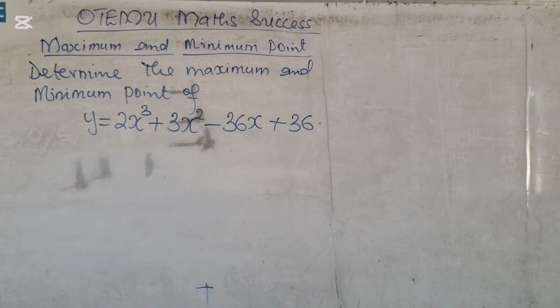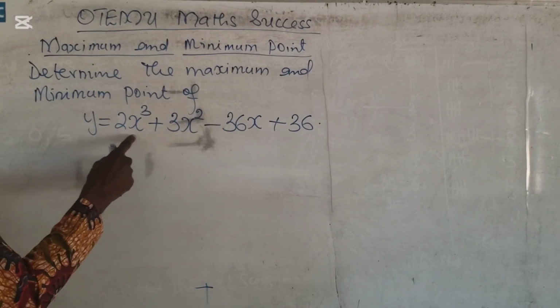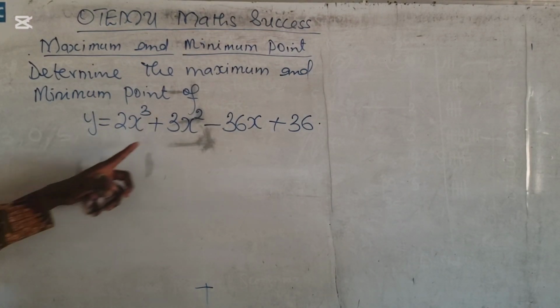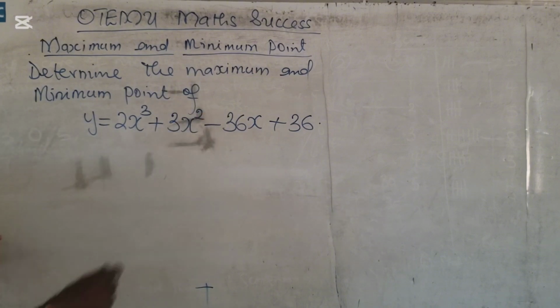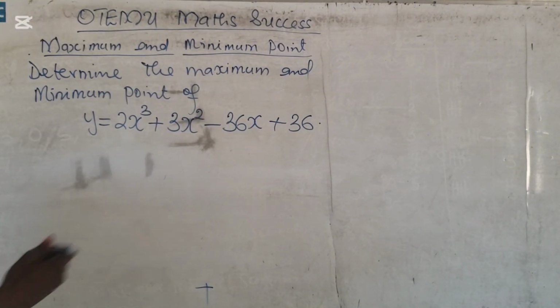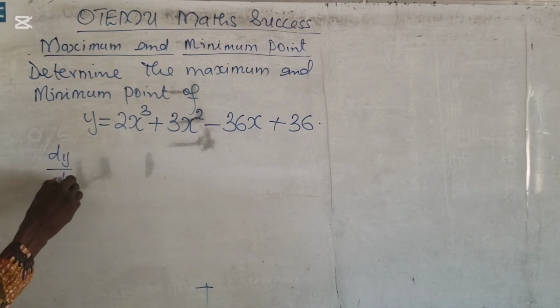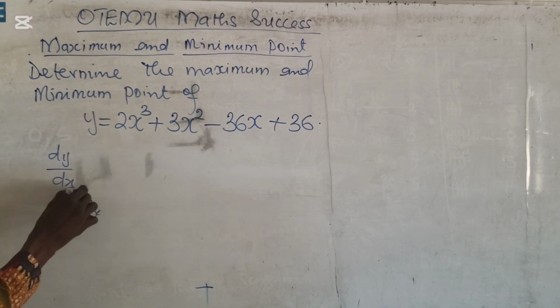Determine the minimum point of y is equal to 2x raised to the power 3 plus 3x raised to the power 2 minus 3x plus 36. So let's find the first derivative, dy over dx, or you can say the function of x.